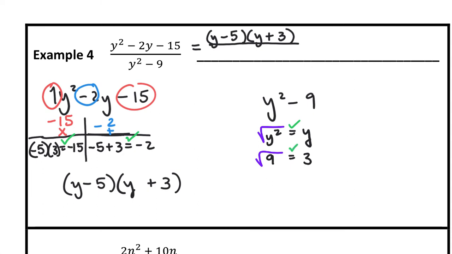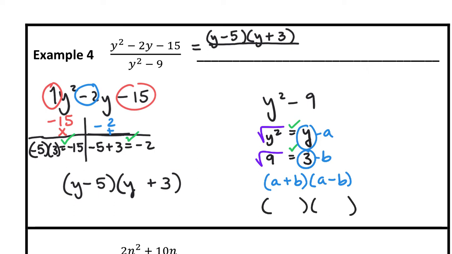So this is my A and my B, right? And then I would say, oh, if it's a difference of squares, it's going to be A plus B times A minus B. So that's going to be y plus 3 and y minus 3.